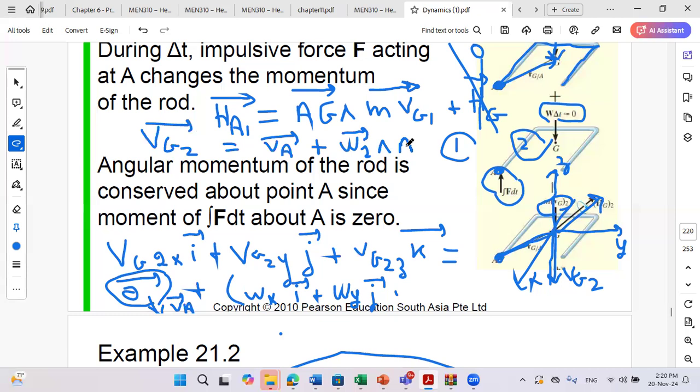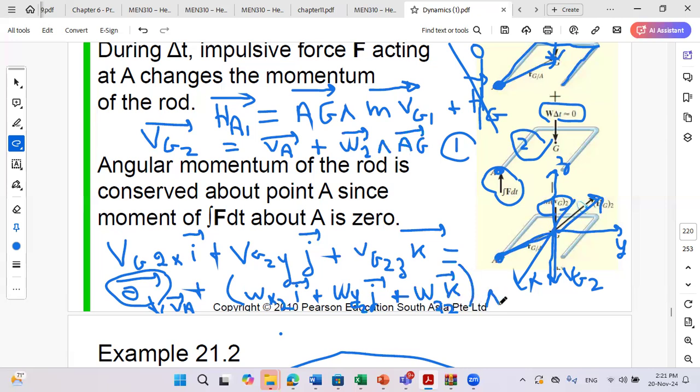Okay. So let us suppose you didn't solve yet the system and you didn't know that omega Z is 0. You can add it. So plus omega Z. Okay. And all of these are at state 2, omega X2, omega Y2, and omega Z2. Vectorial AG.